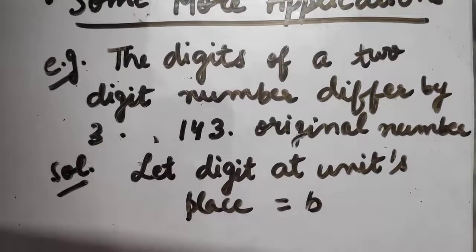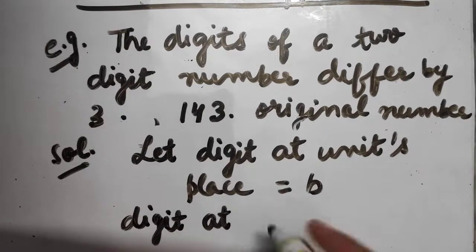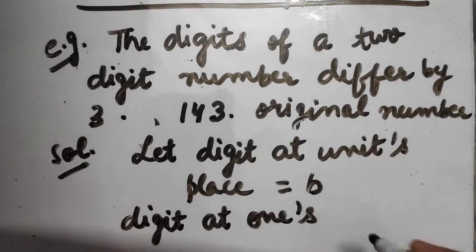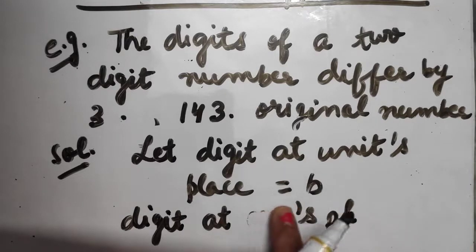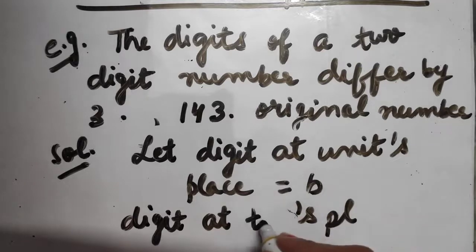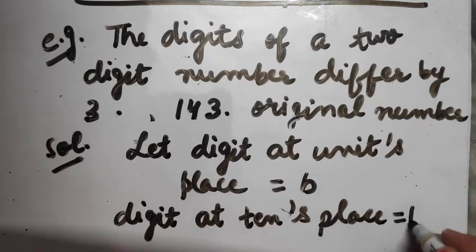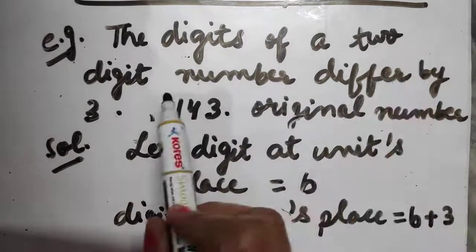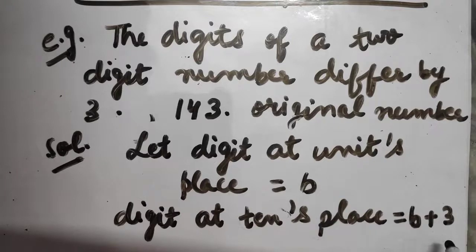So what will be the digit at the tens place? Now the digit at tens place will be equal to B plus 3. I have taken the digit at units place or ones place as B. Now the digit at tens place will be B plus 3.